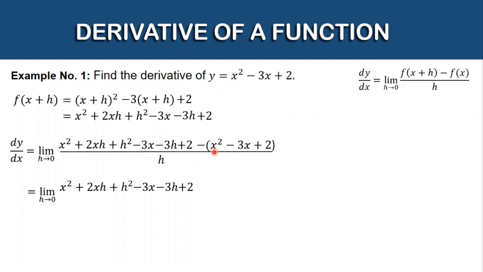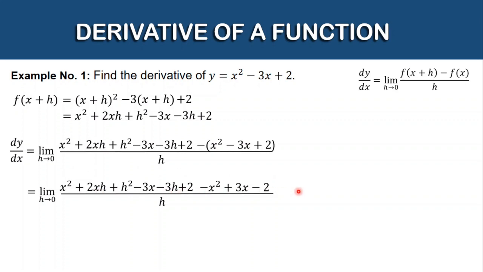So negative 1 times x squared is negative x squared. Negative times negative is positive. Negative times positive is negative. All over h.